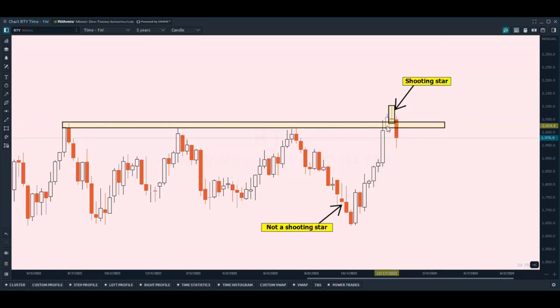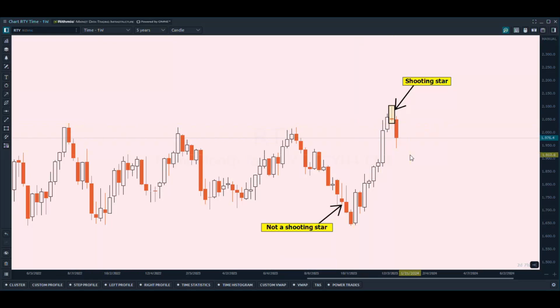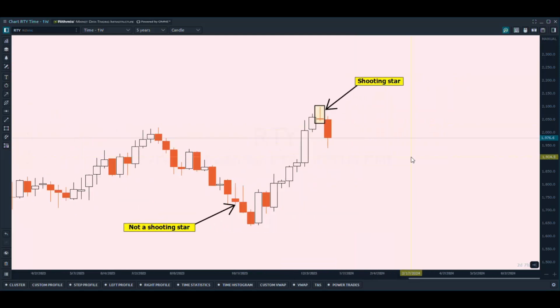You can see here that we essentially did break out of this long-term horizontal resistance zone before we got the shooting star. But if you can see a shooting star forming and closing right at a resistance zone, that gives even more high probability that this could play out, but you still have to have your trigger.